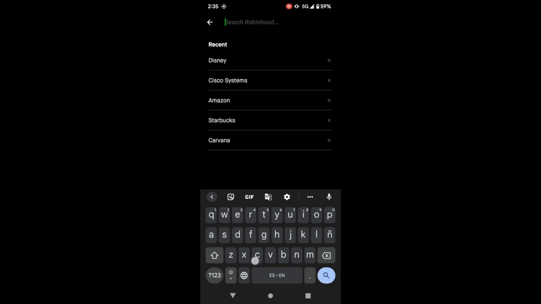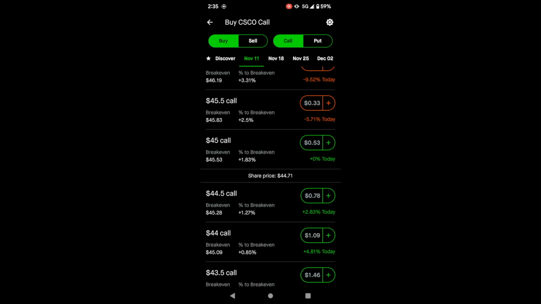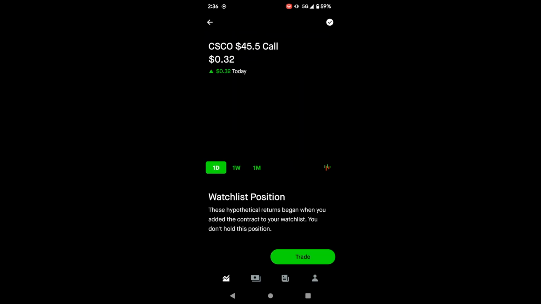So we go to Cisco, and we go to the option that we're interested in. If we double click it, you can see at the bottom here, it adds to our watch list. We can remove it by double clicking, but yes, we can add it to the watch list. We can go in and, like I said, see its history and how it's been performing. And the system will treat it as if we just bought one contract.